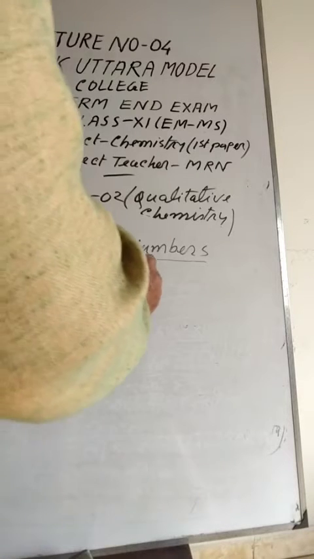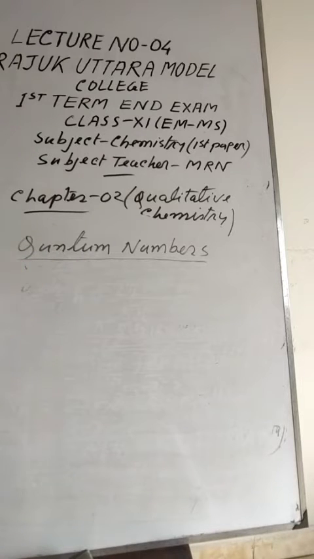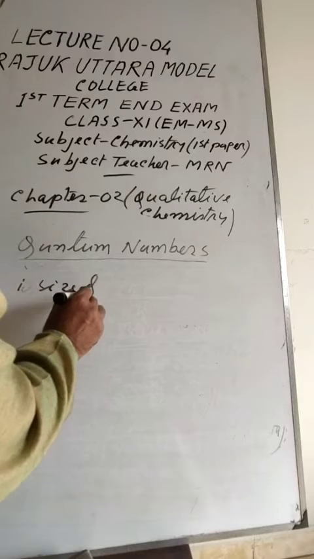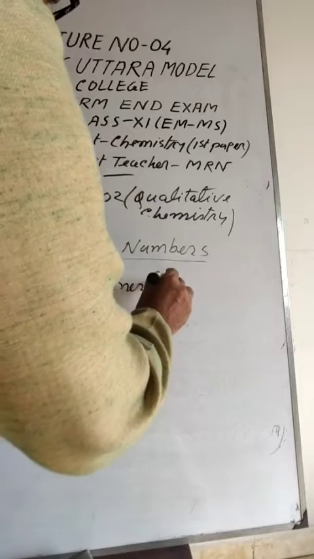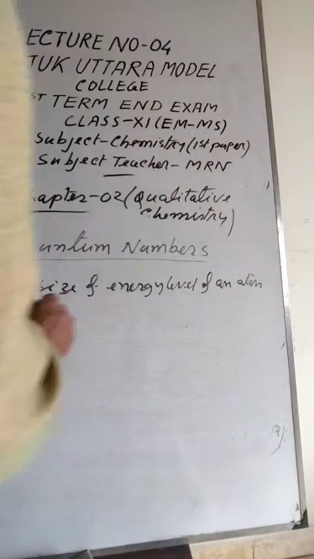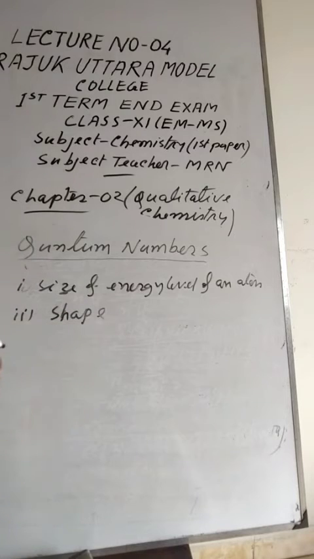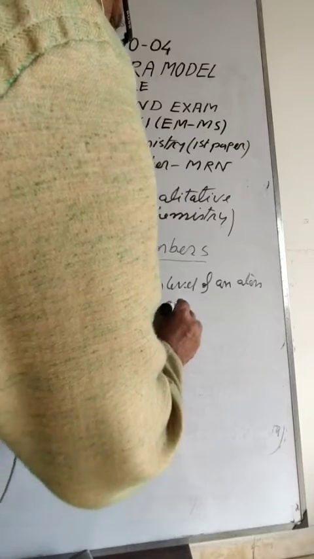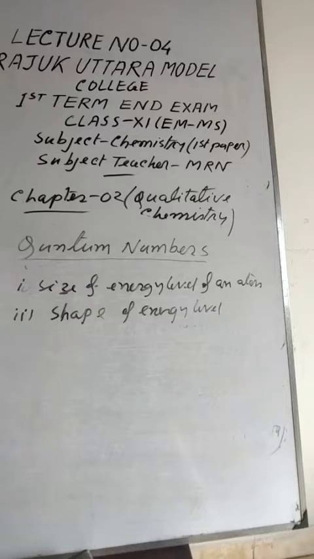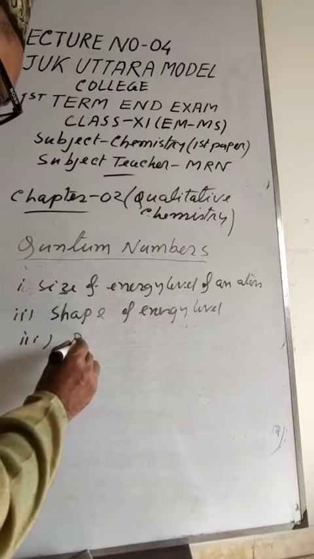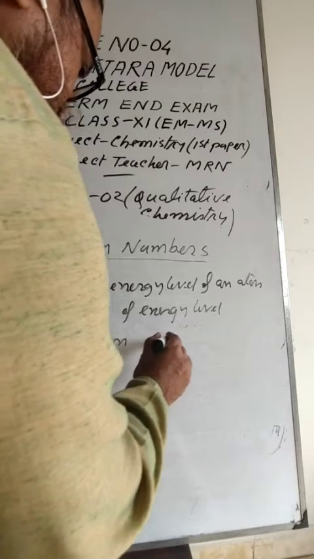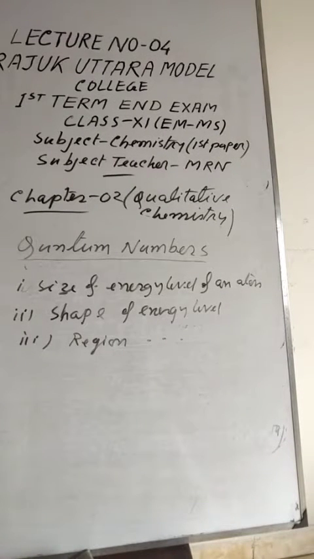Quantum numbers are the numbers which represent or explain the size of the energy level of an atom, the shape of the energy level, and the region of maximum probability of finding electrons in a certain orbit of an atom.